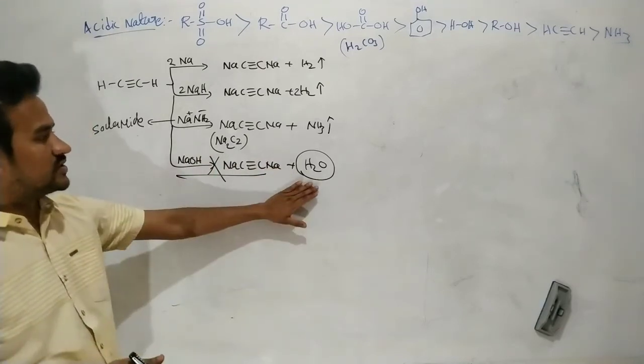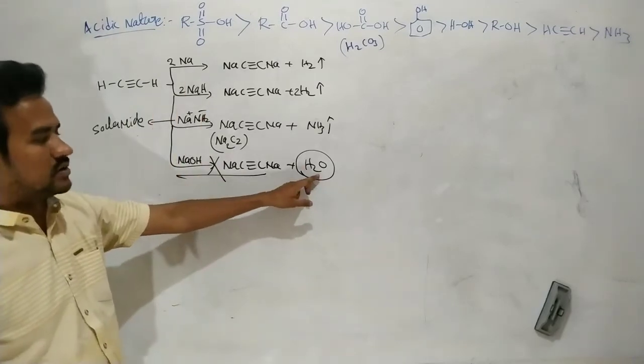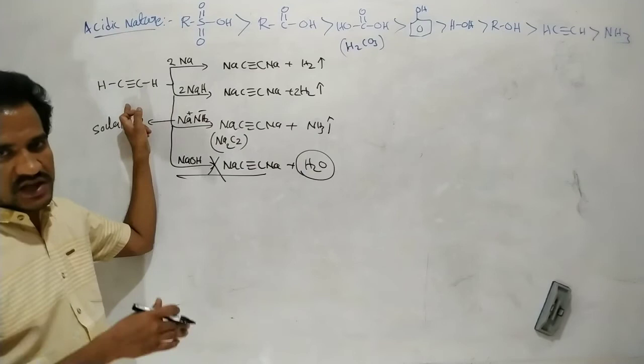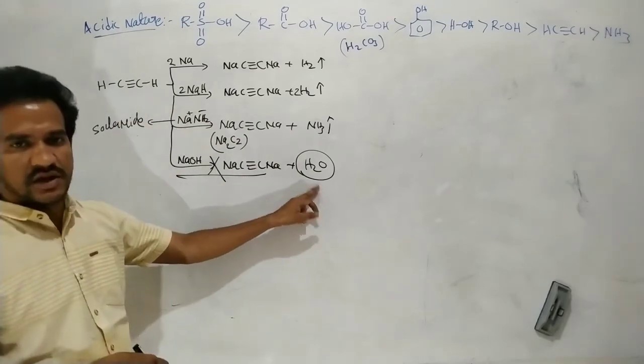Water is a stronger acid and acetylene is a weaker acid when compared to water. A weaker acid has a stronger conjugate base, and a stronger acid has a weaker conjugate base.